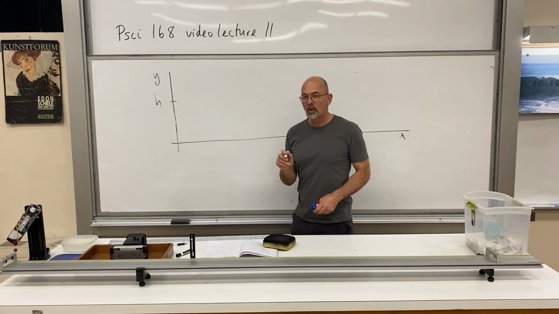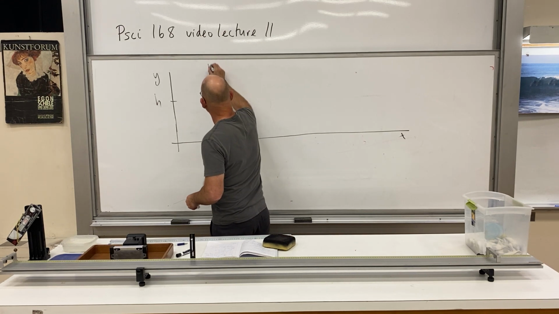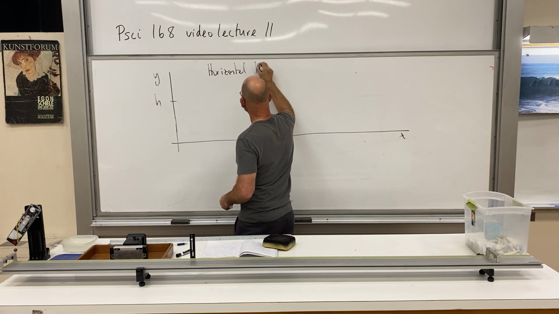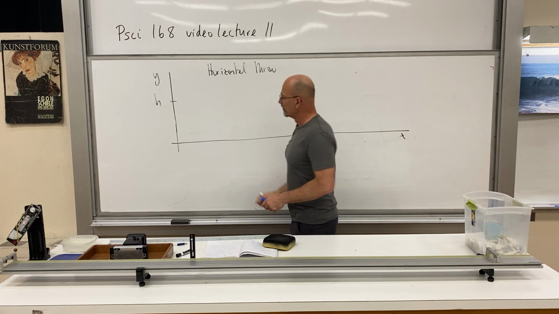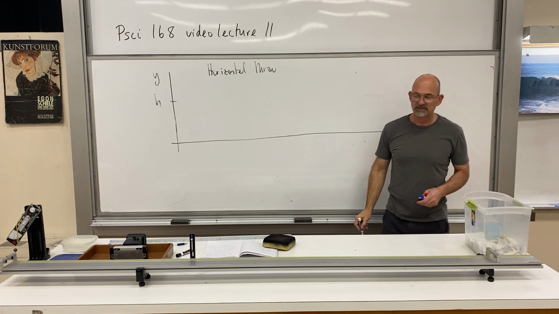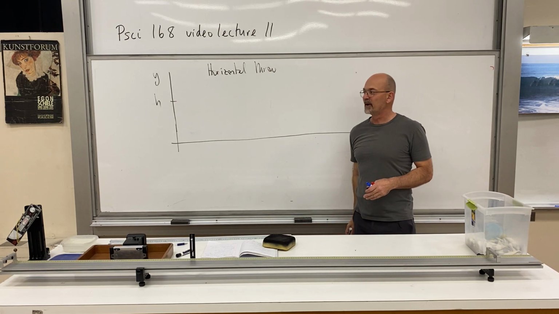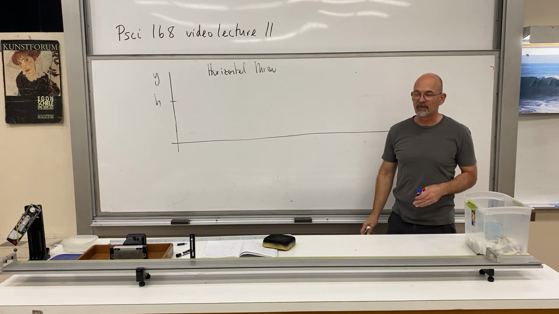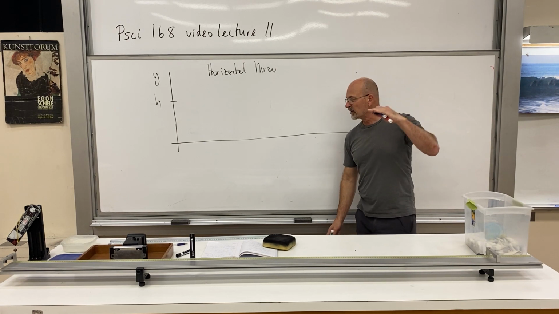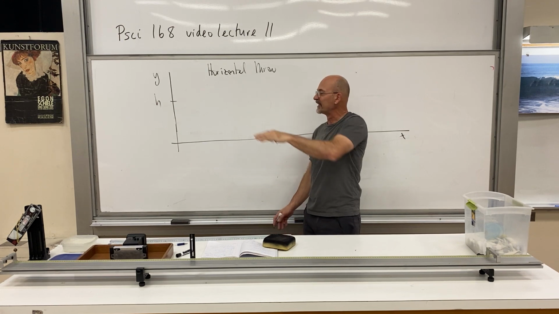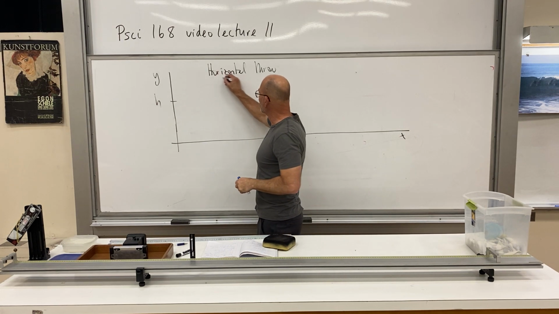We're going to do the horizontal throw. Imagine pitching a baseball, okay, horizontally, perfect horizontal release, or maybe a tennis ball is hit from the racket, and the minute it's released, right, it's moving completely level at that instant. That's the horizontal throw.